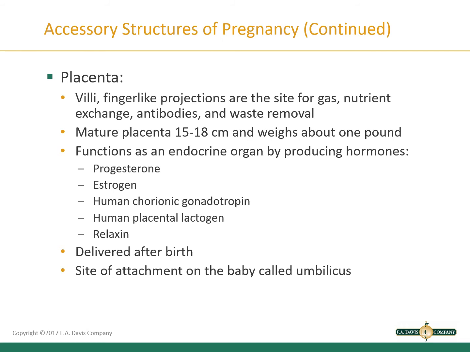It increases the mother's metabolism during pregnancy. And relaxin, it works with progesterone to help maintain the pregnancy. It also causes relaxation of those pelvic ligaments to help stretch and aid in the birthing process. After delivery of the baby, the placenta is delivered. It's often referred to as the afterbirth.